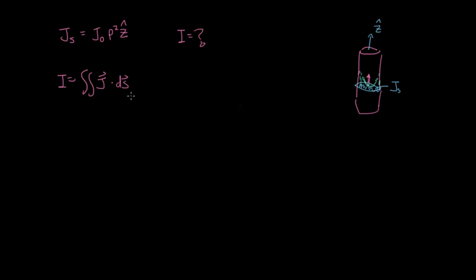So what remains is mostly a review of how to set up and execute this kind of surface integral, which I think is important enough to just do one or two more times. Over here, our J was given as J naught rho squared in the z hat direction.